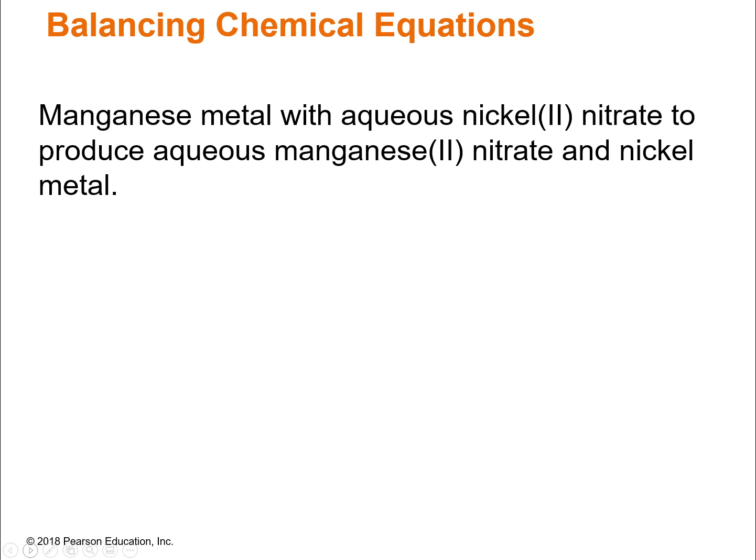You're not always going to get a chemical equation outright. It may be written in words like it is here. So you may have to write your equation out first and then balance it. Here we've got manganese metal with aqueous nickel 2 nitrate. So that's going to be our reactants.